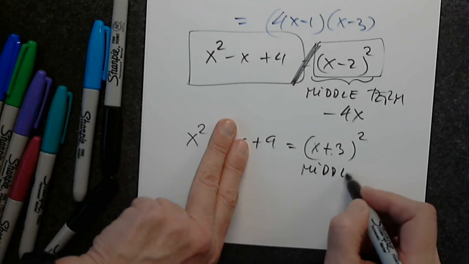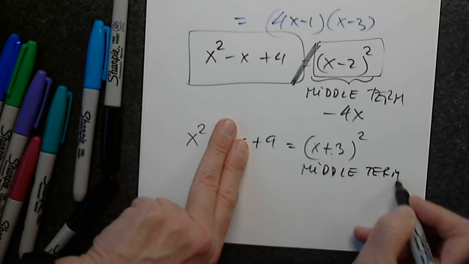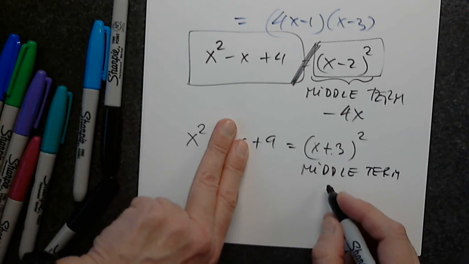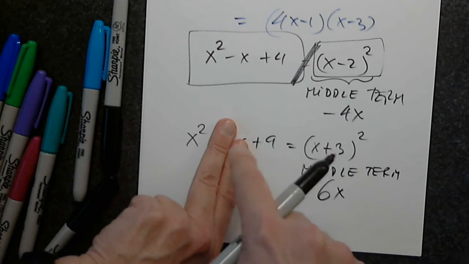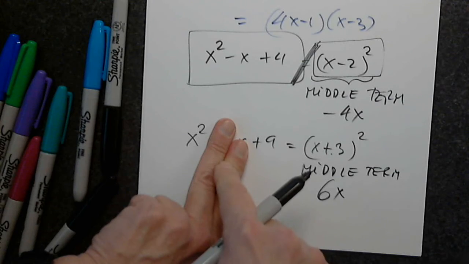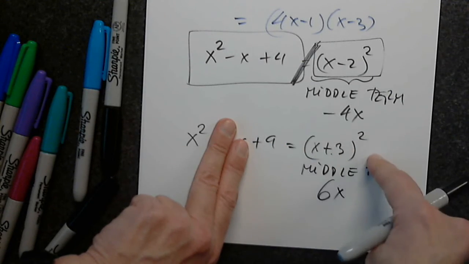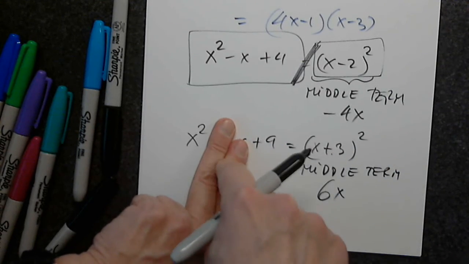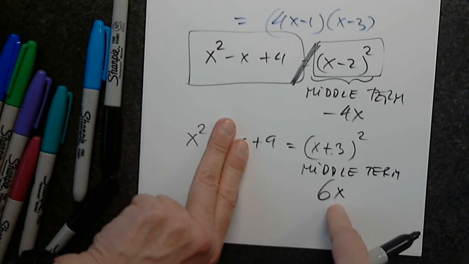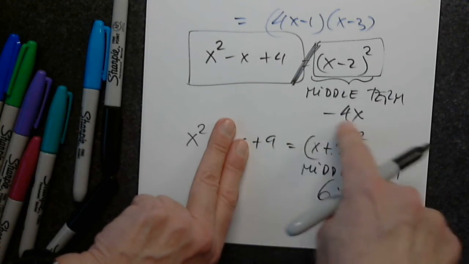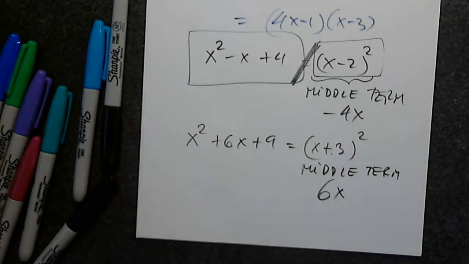Can anyone give us the middle term here as we studied it last time? Say it again. 6x. If this term is 6x, then this piece equals this piece. If this term here that I covered is not 6x, the left-hand side does not equal the right-hand side. Is it 6x? Does it make sense?